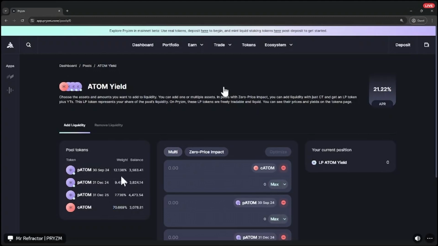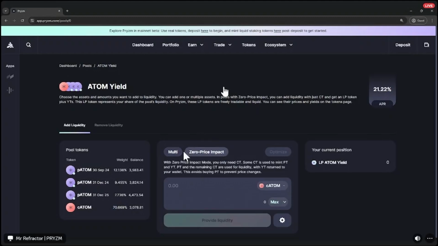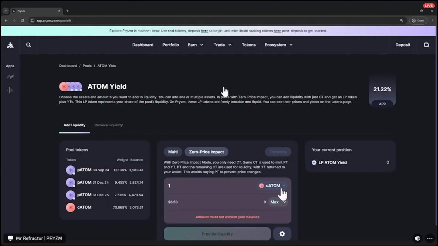If you provide liquidity to this pool, which I always recommend doing with zero price impact mode, you would provide your cATOM, and you'd end up with some pATOM. You'd end up with a liquidity provider token. That means you own a share of this pool and these assets in this pool.